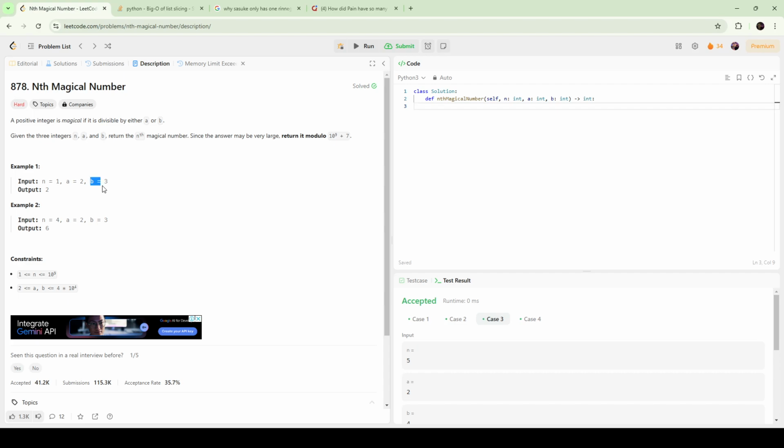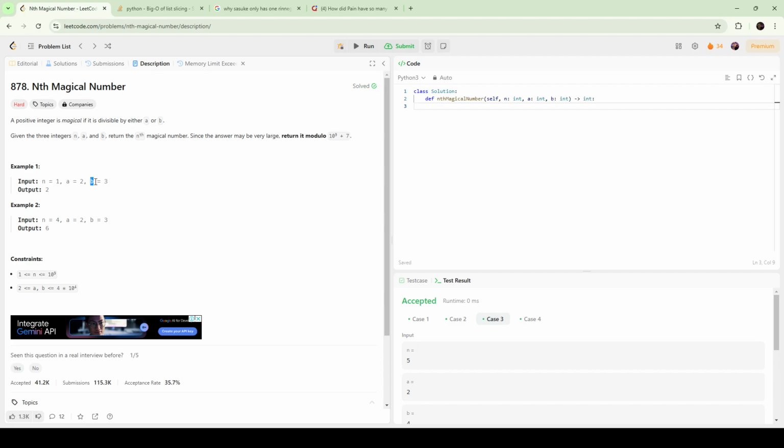If I get 3 multiplied by 1, I will get 3, right? As you can see, the first magical number is 2, which is smaller than 3. And this is basically true for every scenario.